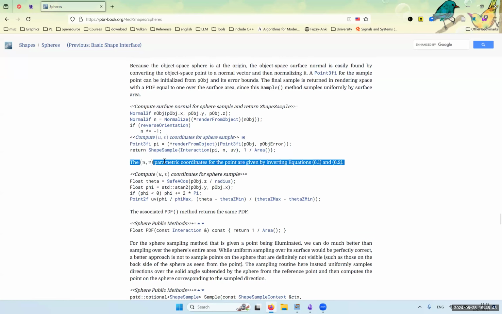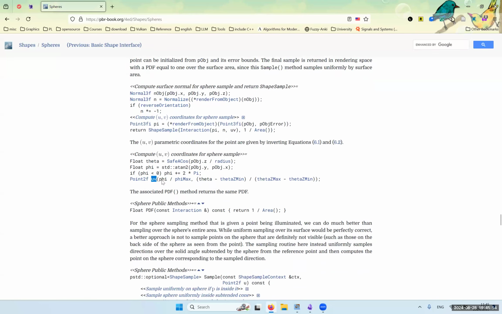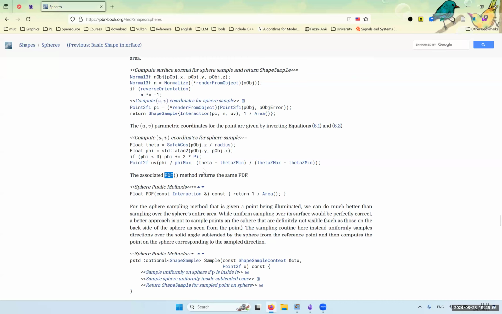And UV again, we can calculate it from theta and phi. Yeah, and then the PDF is just a constant.